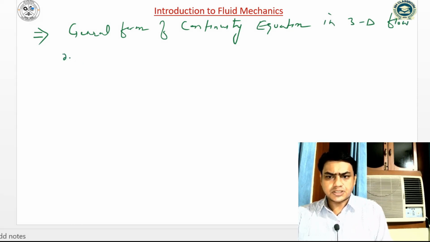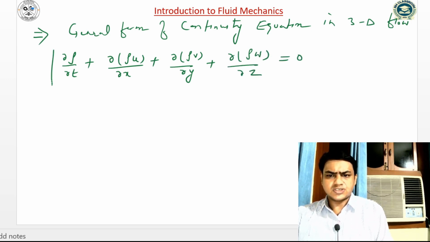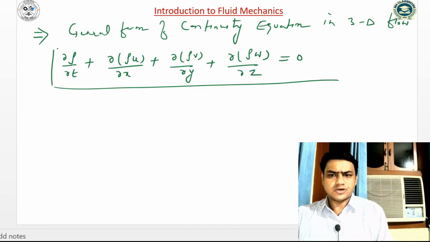So in three-dimensional flow, we have seen that del rho by del t plus del rho u by del x plus del rho v by del y plus del rho w by del z is equal to 0. So this is the general form of continuity equation in three-dimensional flow.